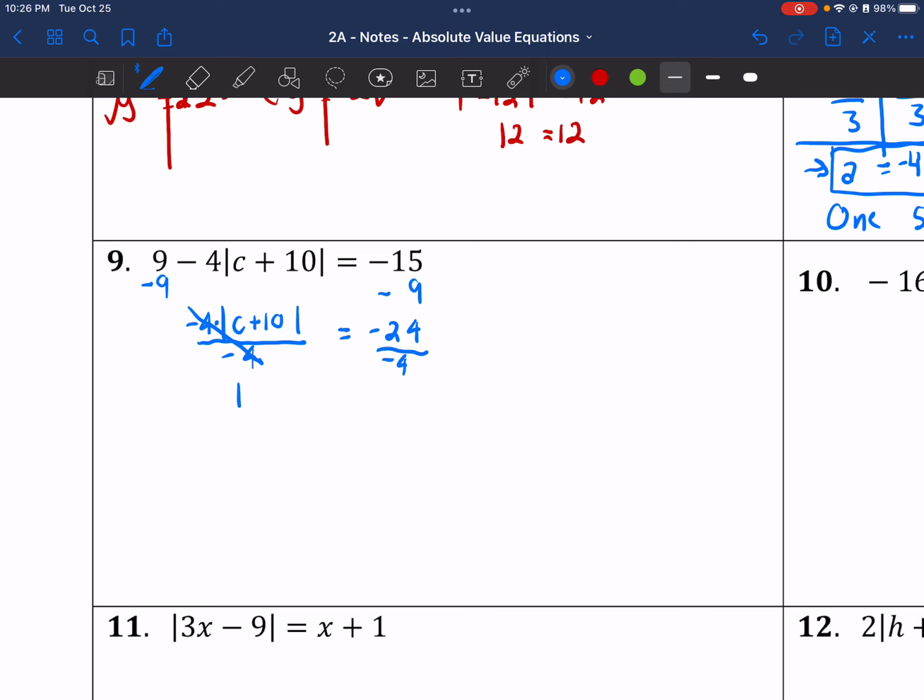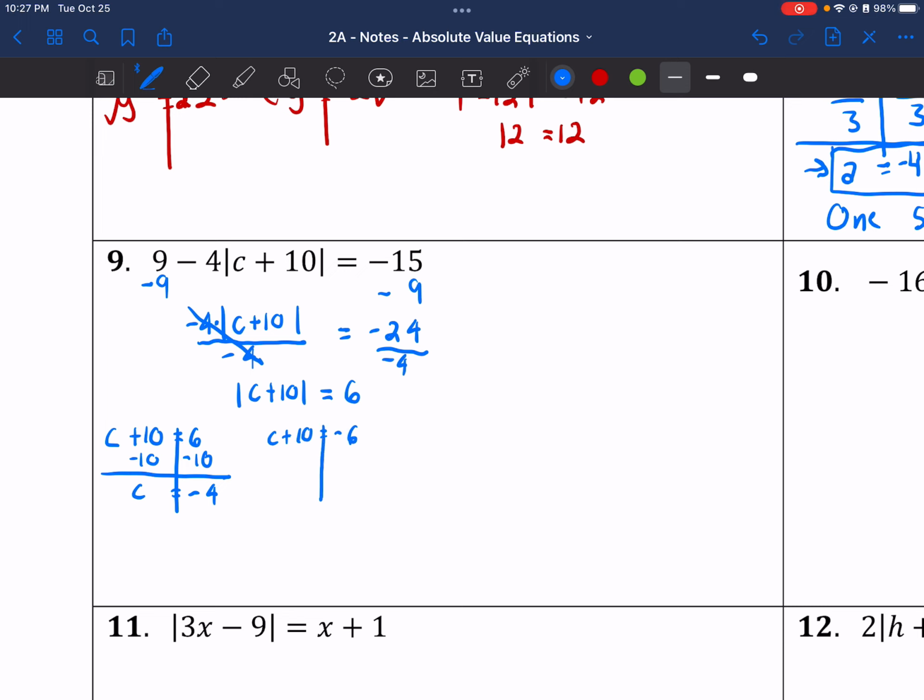And we get c plus 10 is equal to positive 6. Now we can create our two equations. We get c plus 10 is equal to 6, and c plus 10 is equal to negative 6. On my left side, I'm going to subtract 10 on both sides, and I get c is equal to negative 4.